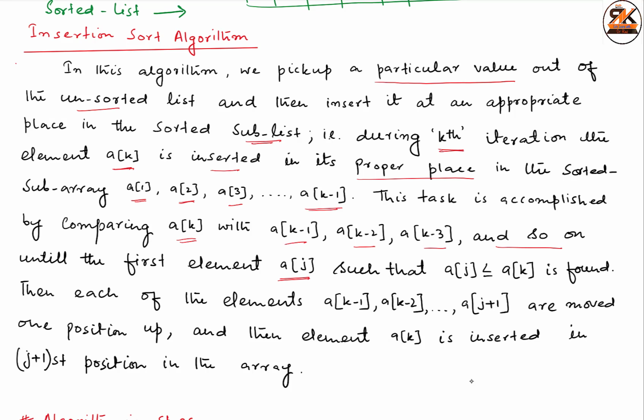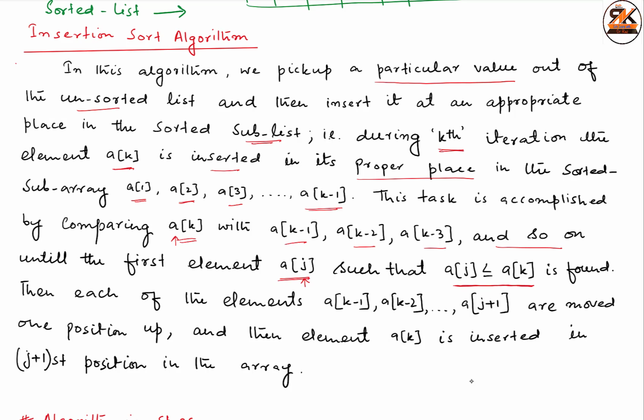So we go on comparing the element ak with all the elements until we reach the element represented by aj, such that aj is less than or equal to ak.